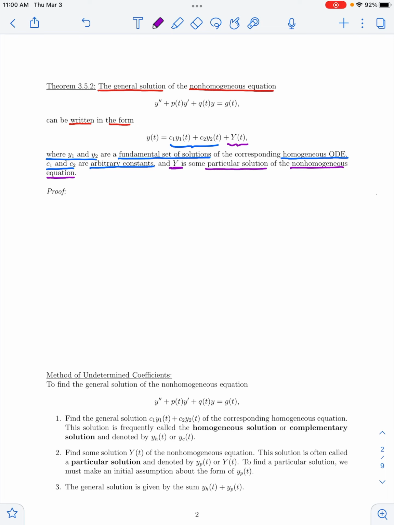So let's take a look at the proof of this. We're trying to show that a function of this form is the general solution of our non-homogeneous equation. That is, every solution is of that form.